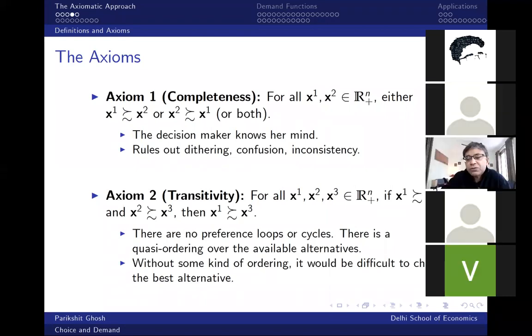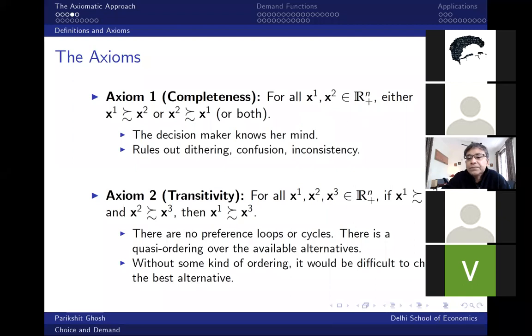The 2 bundles are equally attractive to me. Which is completely different from the consumer saying, I can't really make up my mind. I'm confused. Sometimes I lean this way, sometimes I lean that way. So basically, the first axiom says that both the bundles can be compared with each other, right? That's right.